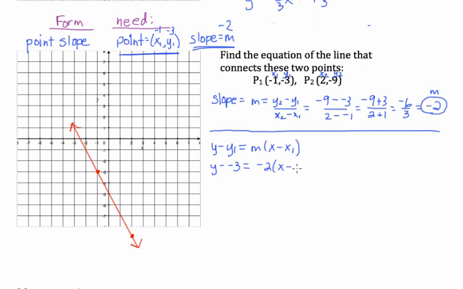The x1 was -1. So I'll simplify this. Subtracting a negative is the same as adding. So I've simplified a bit, and what I have right here is point slope form. This is the point slope form of the line.